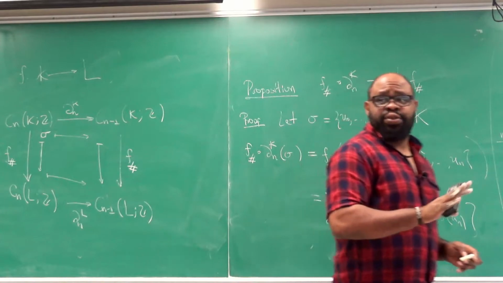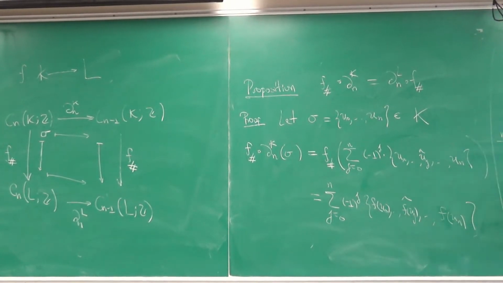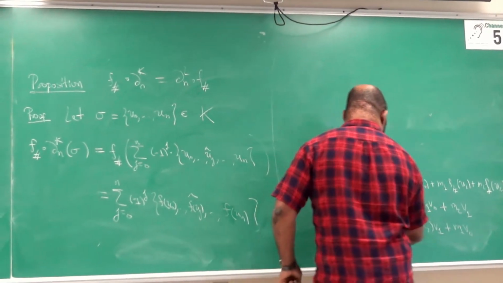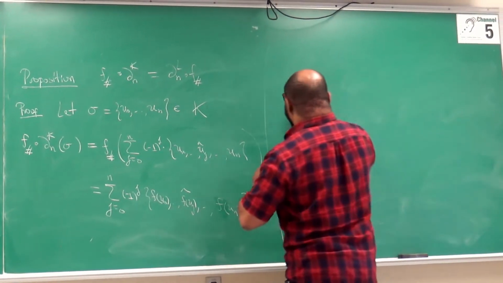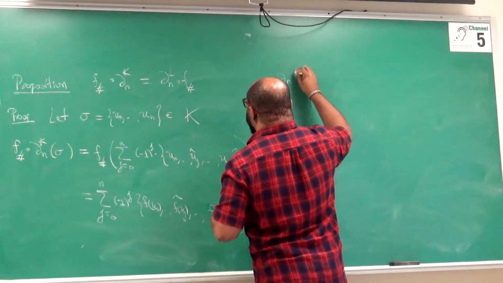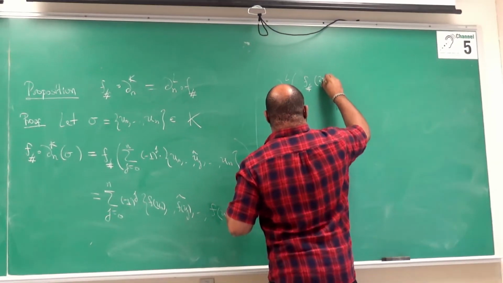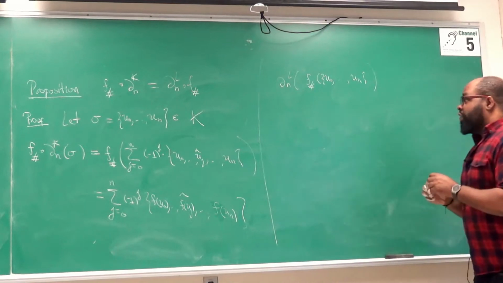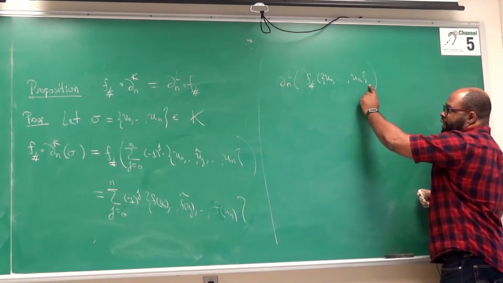So there are three cases to think about before we do the right hand side. I mean, the right hand side is not that bad. So you're doing f of f sharp of u0 through un. And then this expression depends on what we get here.